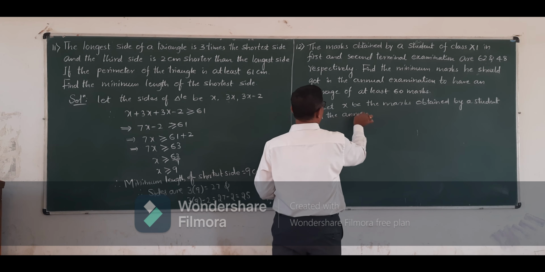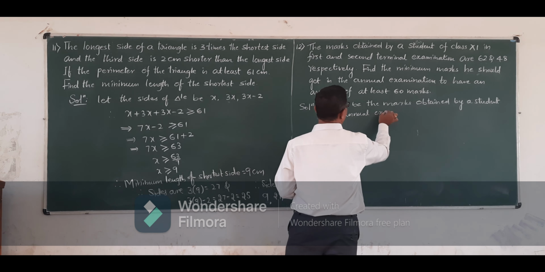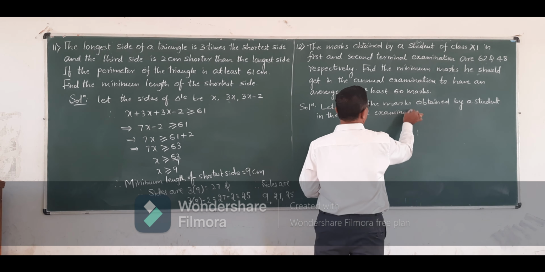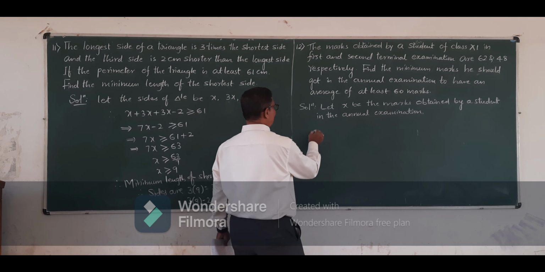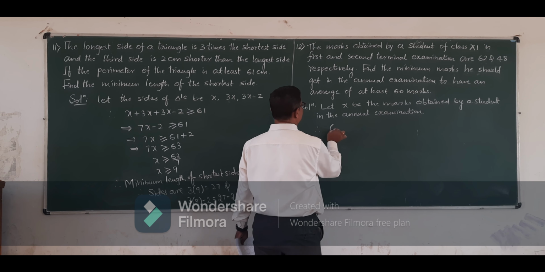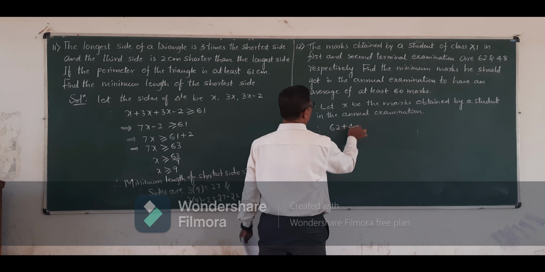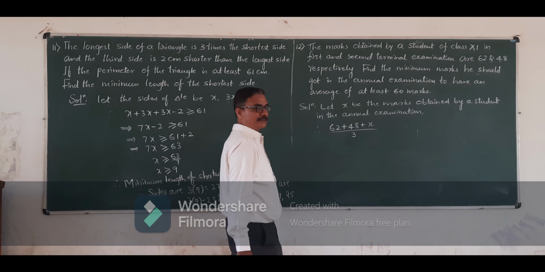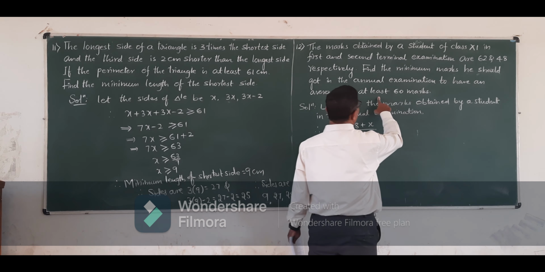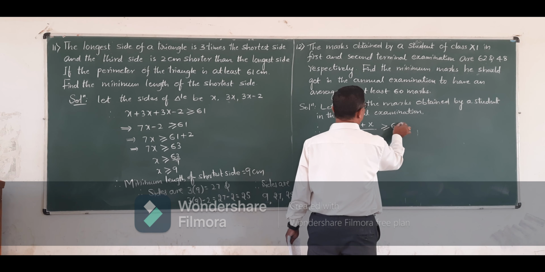Annual examination we don't know, so we take x. So according to the question, first test 62, second test 48, third test x, divided by the total number of tests, 3. It is at least, more than or equal to, 60.